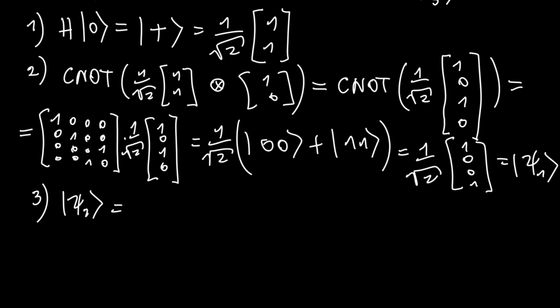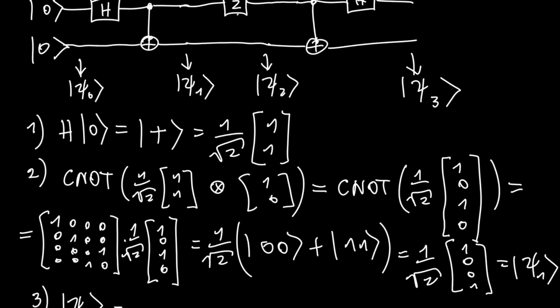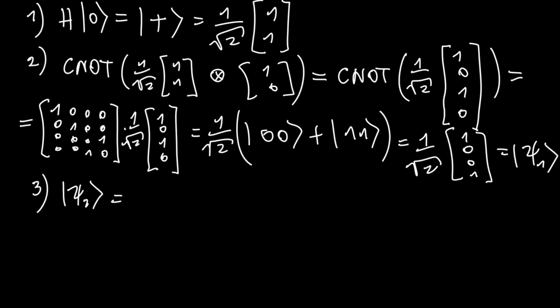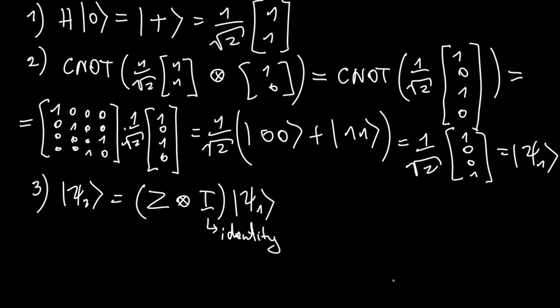Gonna apply Z to the first, and for the second nothing, it's gonna be identity. So we're applying Z to the first, and again tensor product can be also with matrices. Identity does nothing to the second qubit, and we're applying this to our psi1 state, this thing.